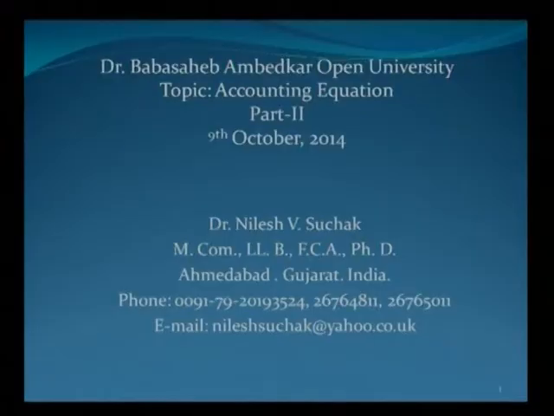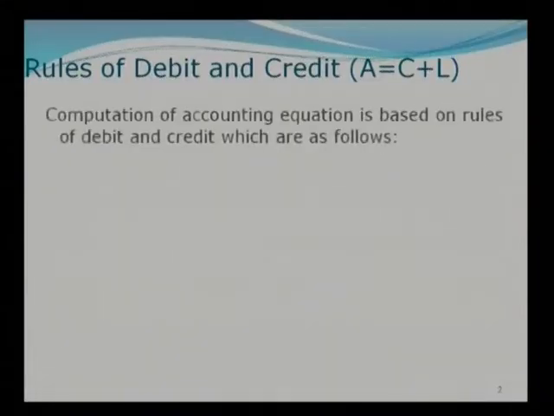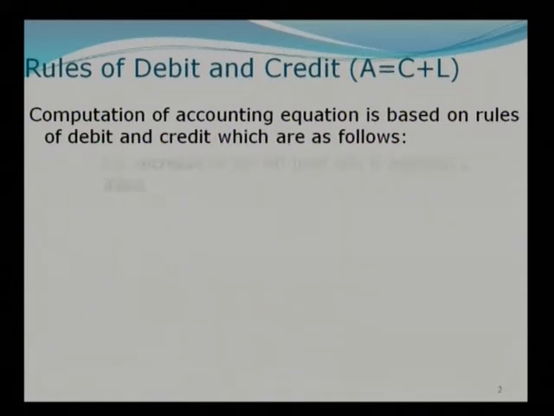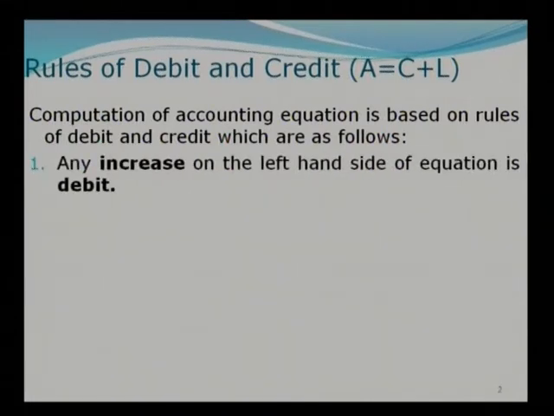Let's look at these rules first, and once you understand these rules, my dear friends, it will be very easy for you to understand the transaction and give an accounting effect thereof. The first rule: computation of accounting equation is based on rules of debit and credit, which are as follows.